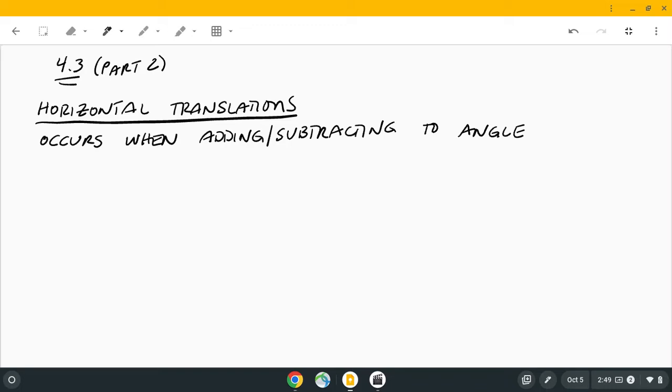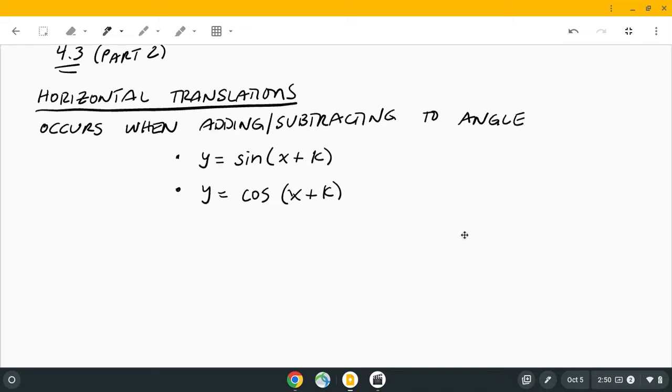Okay, so it might look something like this. Again, we are going to focus on just sine and cosine, but the whole idea transfers over to the other trig functions, which we will look at in the next section. So now you are adding or subtracting here with the angle.